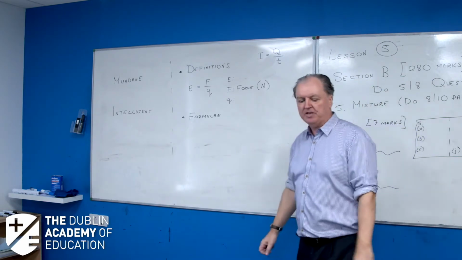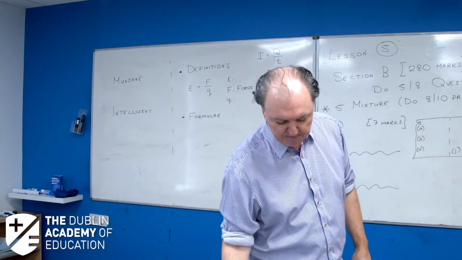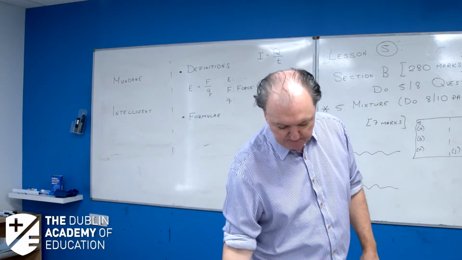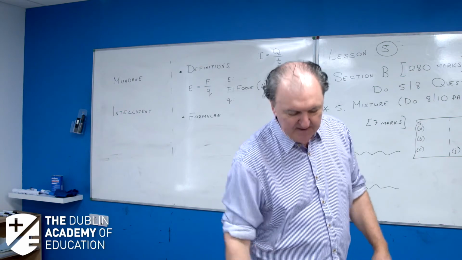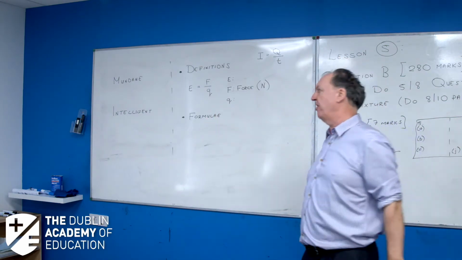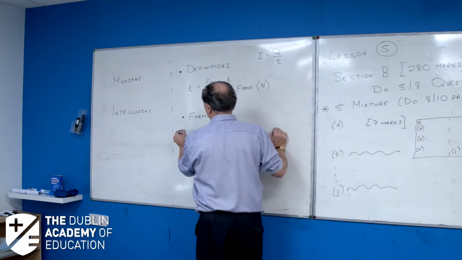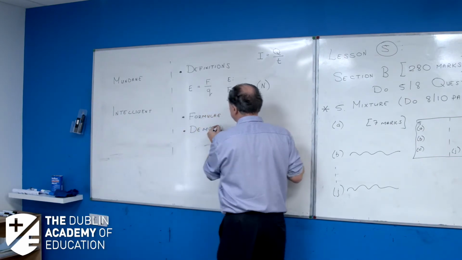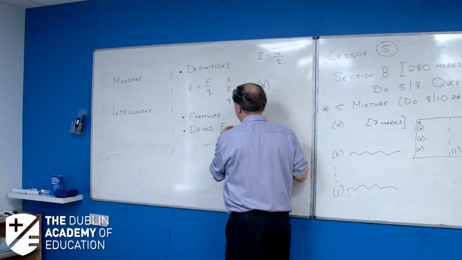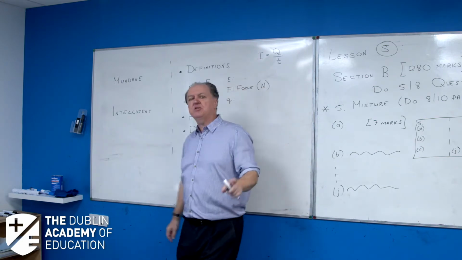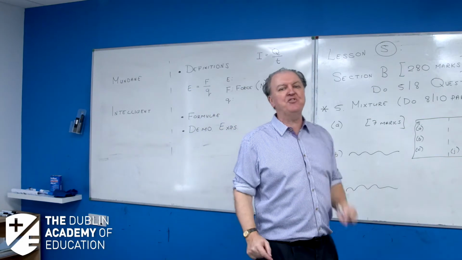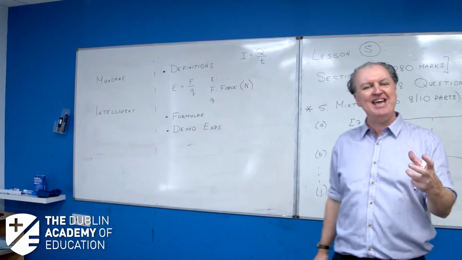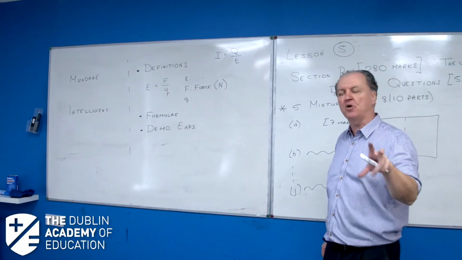What else do I have to do? This I call the heavy learning. You have to learn these demo experiments, demonstration experiments. These are different to the mandatory experiments that we do in section A, those 20 experiments we talked about earlier.